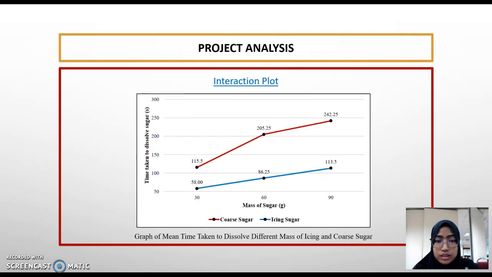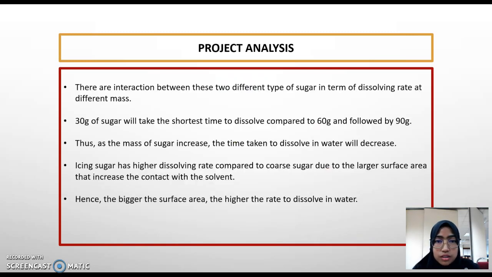So this is the interaction plot. This is the graph of mean time taken to dissolve different masses of icing and coarse sugar. The red line is the coarse sugar and the blue line is the icing sugar. Based on the graph, there is interaction between these two types of sugar in terms of dissolving rate at different masses.